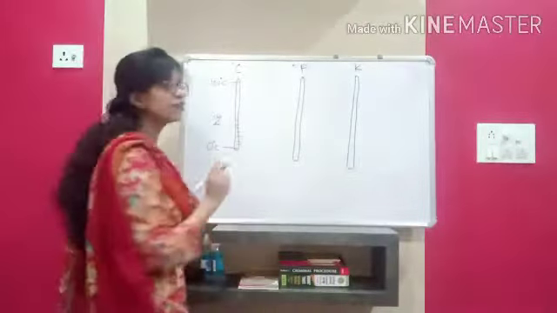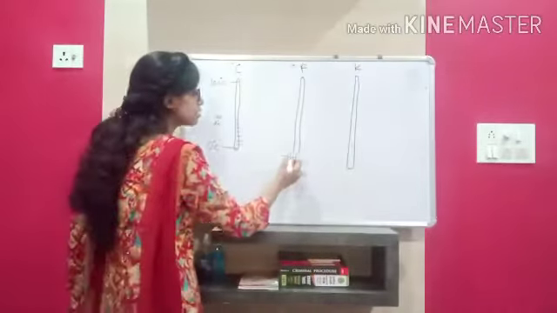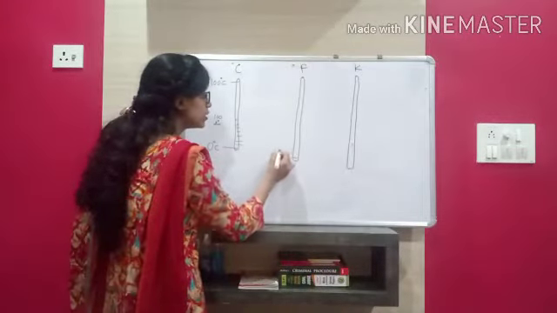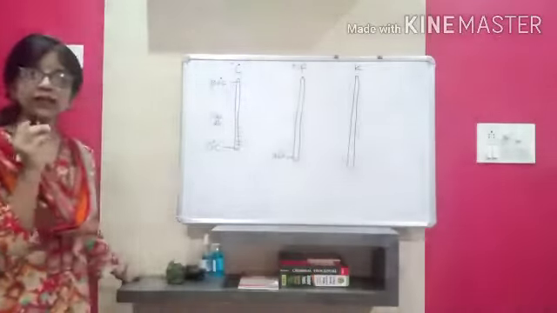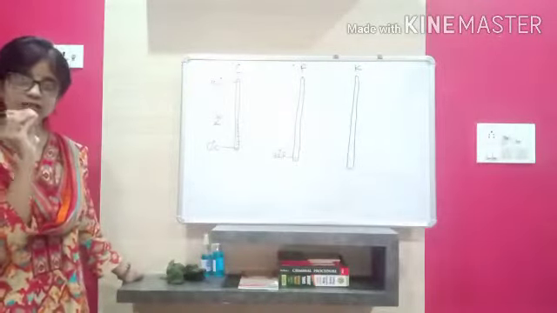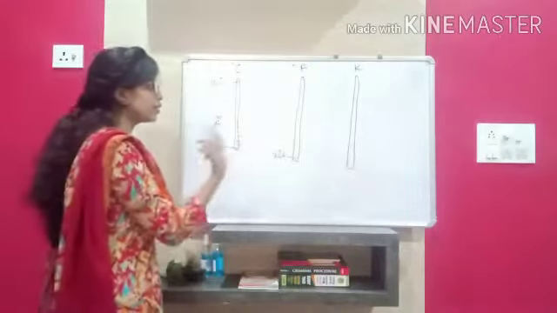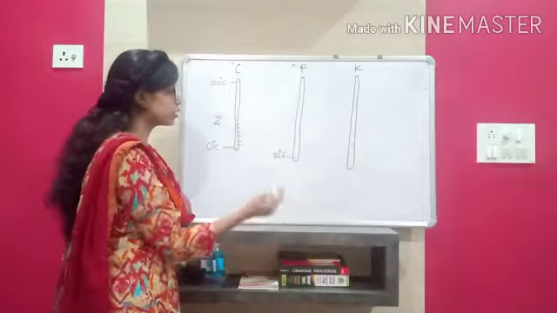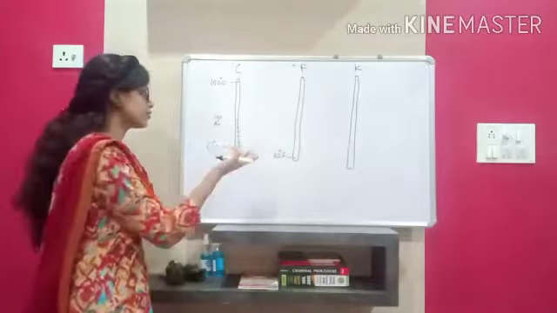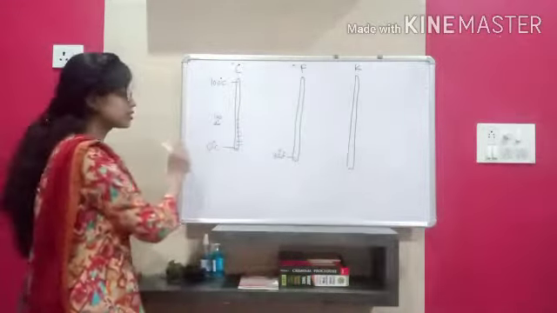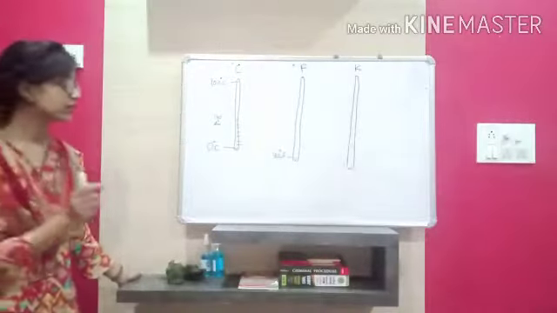Now if we talk about the Fahrenheit scale, the ice point is at 32 degree Fahrenheit. That means if you are measuring temperature and ice is being formed, a Fahrenheit thermometer will give you a reading of 32 degree Fahrenheit, whereas the Celsius scale will give you 0 degree Celsius.